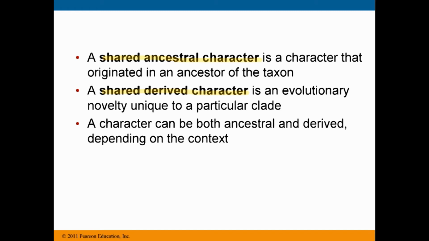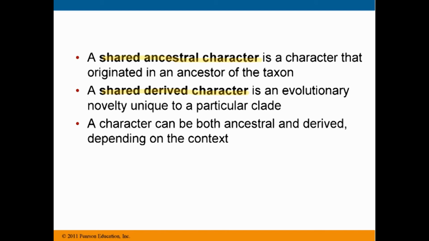So in the new species, it's going to be a characteristic that that common ancestor didn't have. It says here, an evolutionary novelty unique to a particular clade. So that's going to be that new characteristic that made that species into that new branch point.